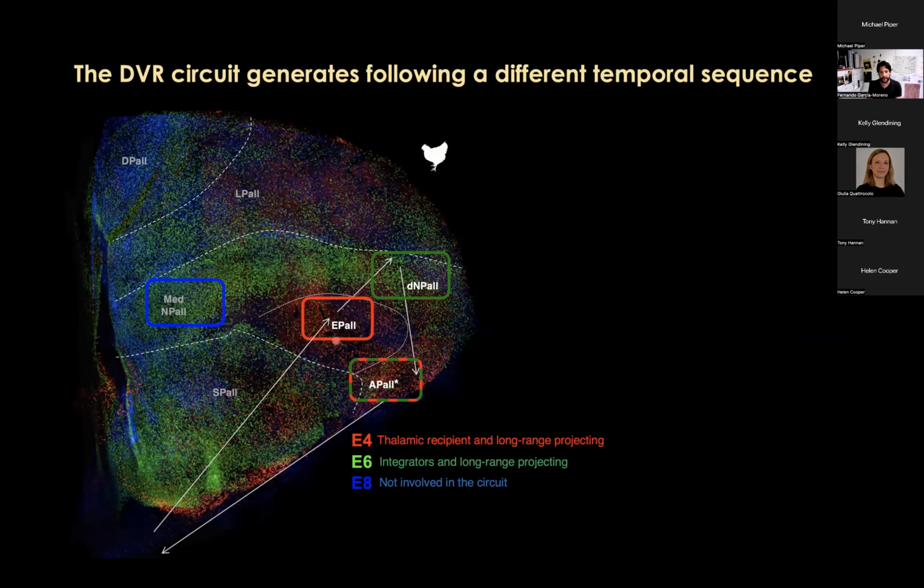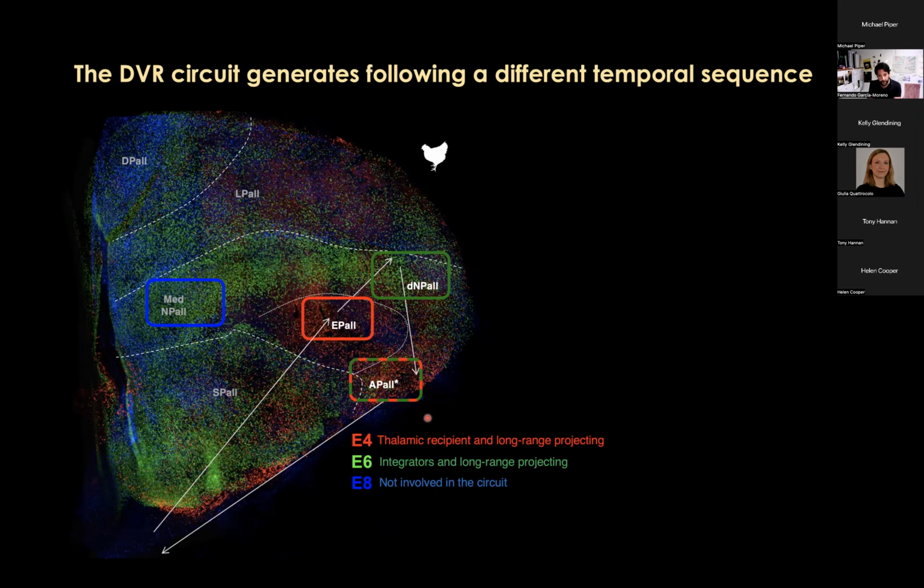First neurons generated in the circuitry are appearing here in the endopallium. The names are not relevant, and they are marked here in red. And these neurons happen to be the thalamic recipient neurons. Also, some early neurons are located in the arcopallium, and these ones project out of the circuitry. Later on in development, in green, we have the dorsal endopallial neurons, which are the integrators of the circuitry, and the remaining arcopallial cells projecting out.